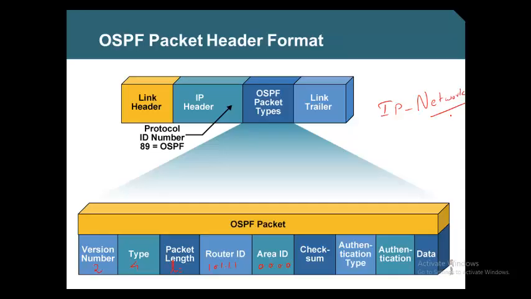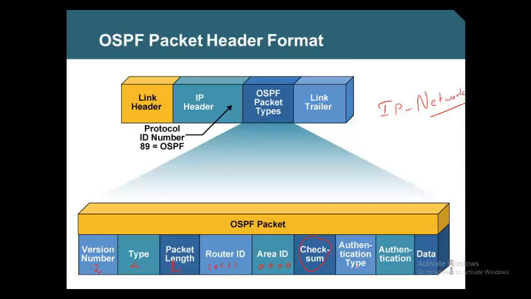Now, the authentication type. OSPF supports both clear text as well as MD5 authentication. EIGRP supports which one? EIGRP supports which authentication type? Only MD5, isn't it?